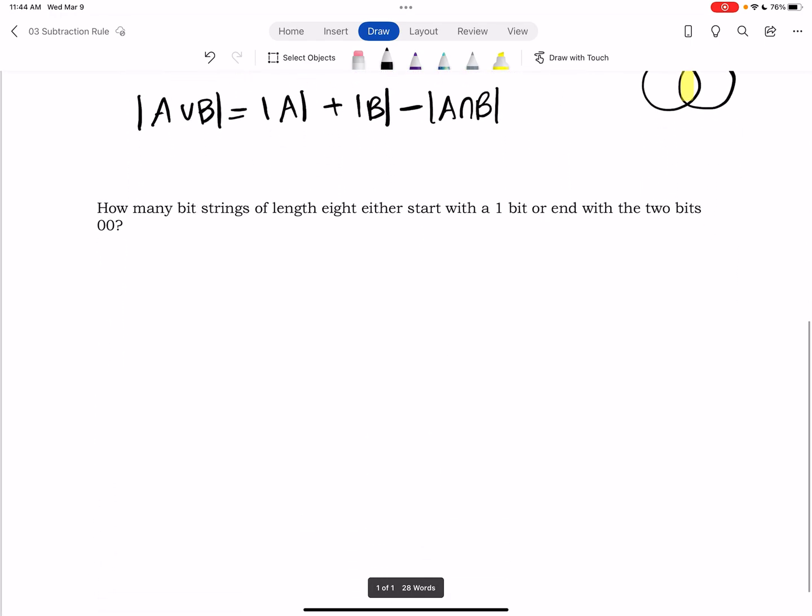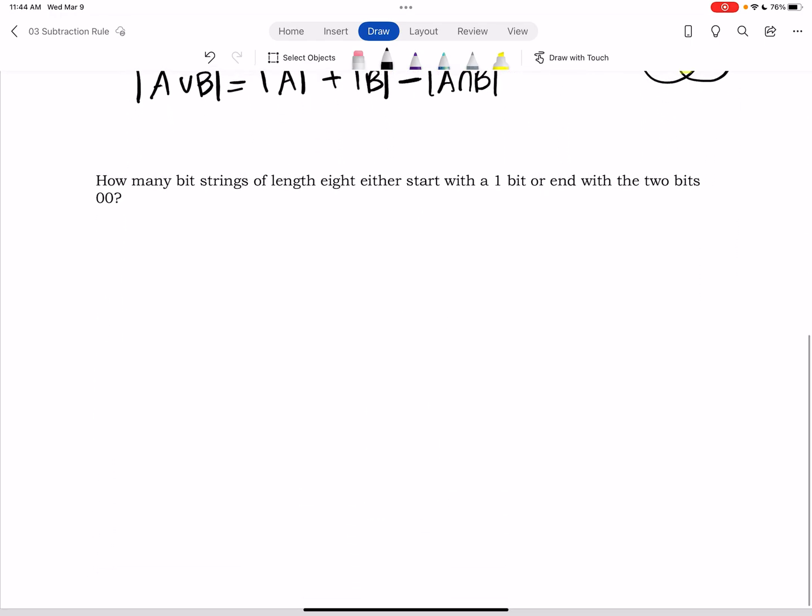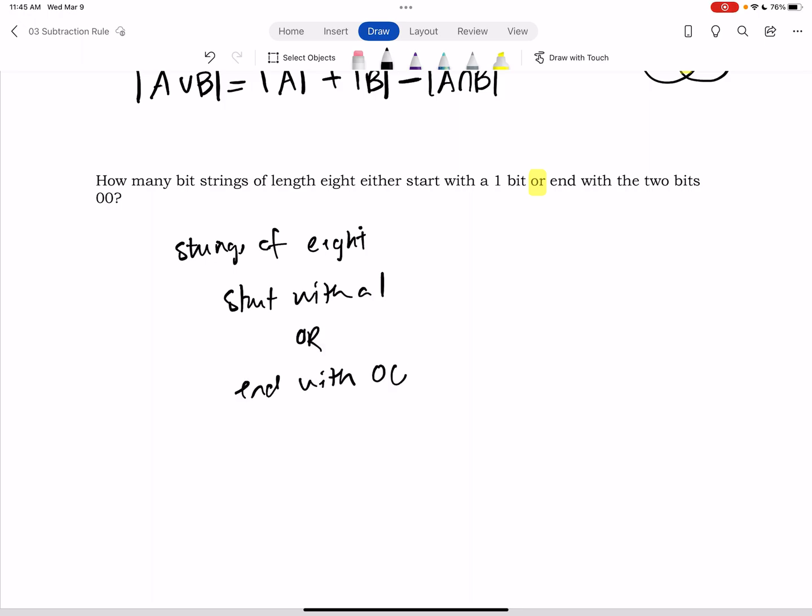So let's do an example. It says, how many bit strings of length 8 either start with a 1 bit or end with the 2 bits 0, 0? So basically I have two tasks. I want strings of 8 that start with a 1 or end with a 0, 0.